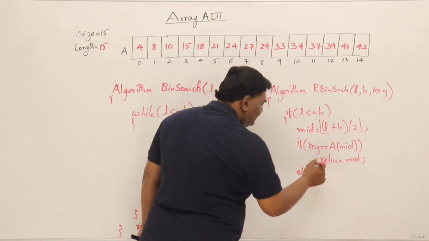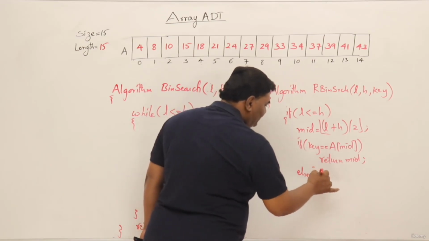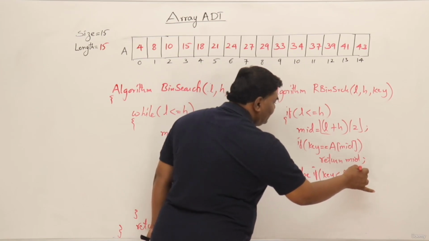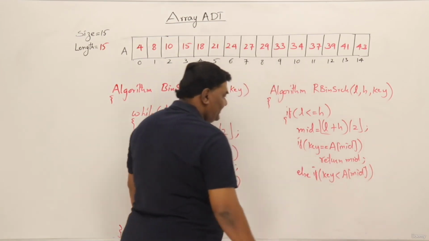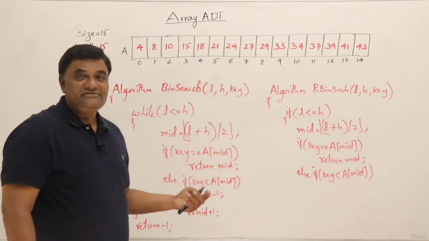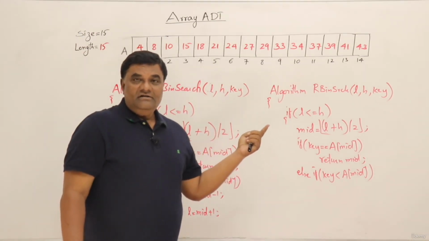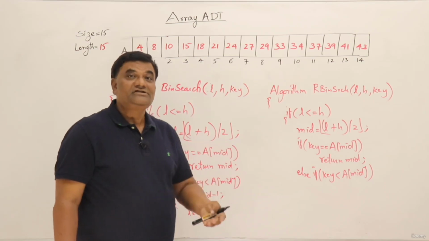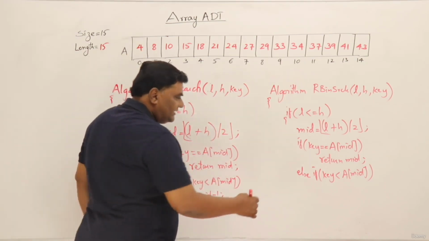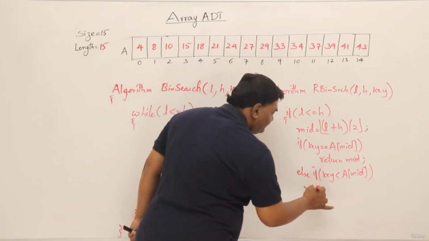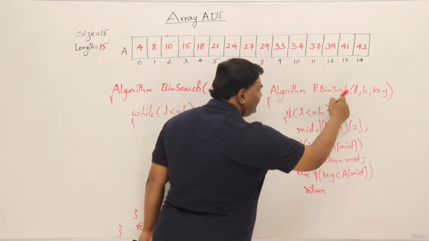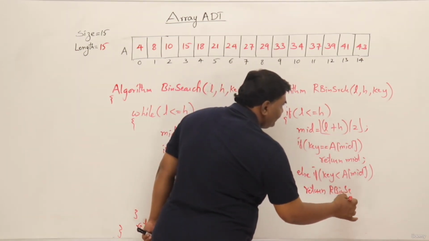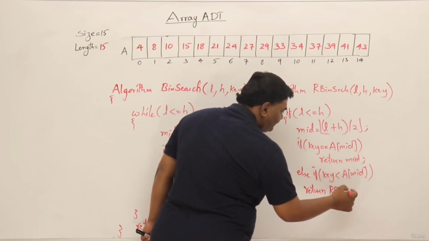Else, if the element is on the left hand side, check if key is less than A of mid. If key is less than A of mid, then we have to search on the left hand side. So this procedure can call itself recursively for searching on the left hand side. So say return R binary search. So this is the recursive call.